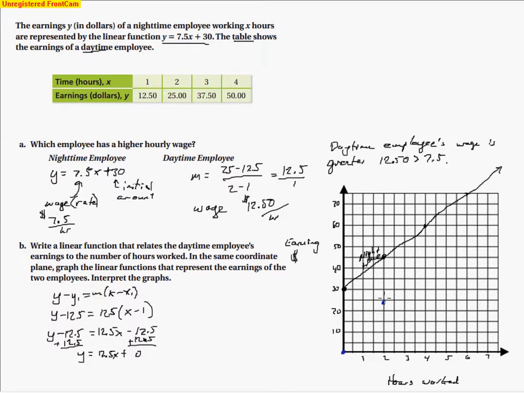So 25 is a point on that line. And after 4 hours, you would have earned $50. So 50 is going to be right there. And then after 6 hours, he's earned $75. And so that's where the two lines end up crossing. So we'll go ahead and draw that line.